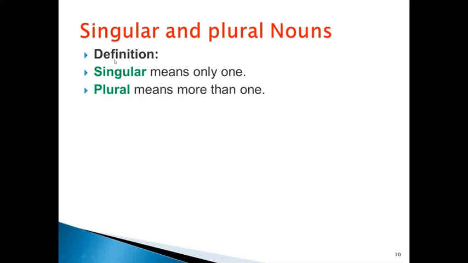Now we have singular and plural nouns. The definition of singular means only one. But when we say plural, it means more than one. So more than one is plural and only one is singular.